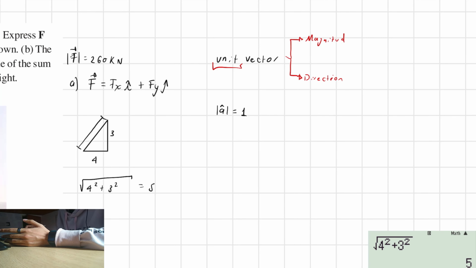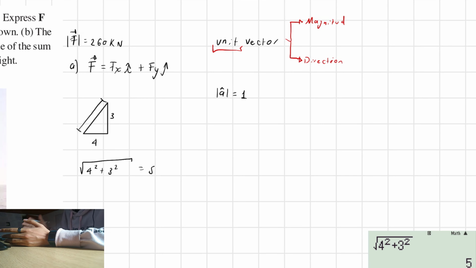Now, there are two ways in which I can find a unit vector. Every vector has a unit vector. For example, if I have a vector like this, which has a magnitude of 0, 1, 2, 3, 4, I'll have that the magnitude of this vector is equal to 4, right? We're going to call it vector B, for example.